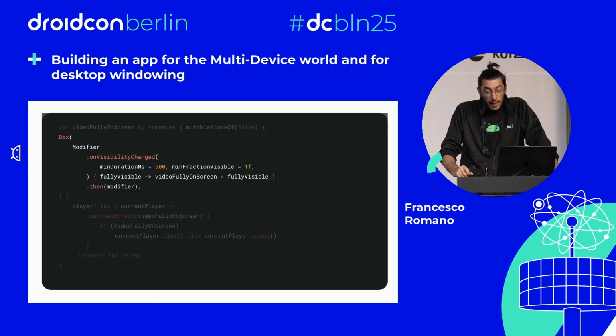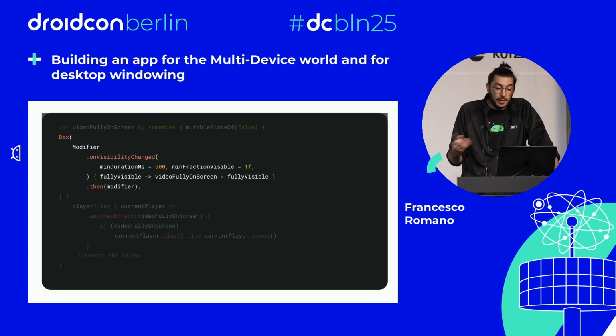Compose 1.9 introduced this new modifier called onVisibilityChanged that registers a callback to monitor whether the node is inside of the viewport of the window or not. In this case, we want to trigger the callback if the node is fully visible for at least 500 milliseconds.